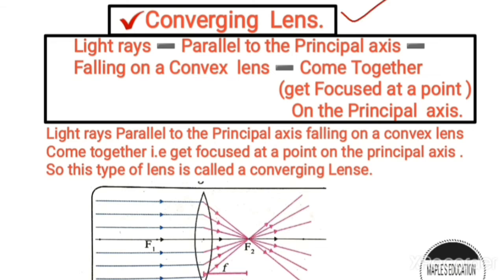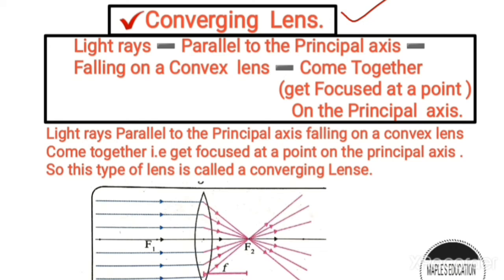Now, what is a converging lens? This is the same as we did for the principal focus. When the light ray is parallel to my principal axis and is falling on a convex lens, remember converging is a term related to the convex lens, and diverging is a term related to the concave lens.